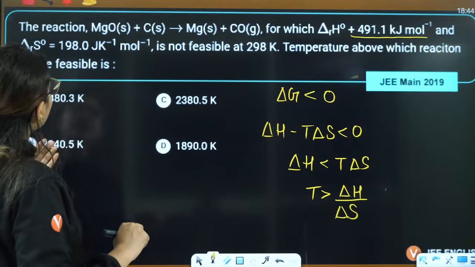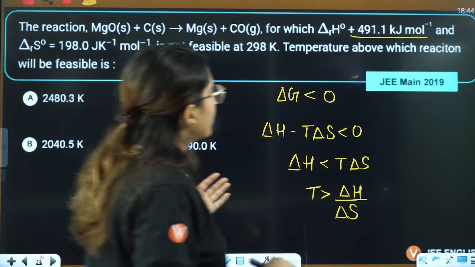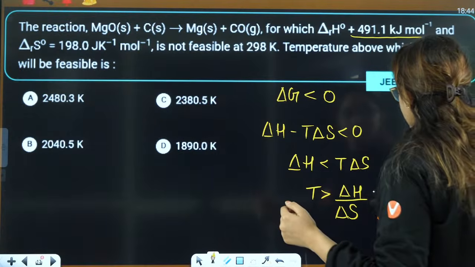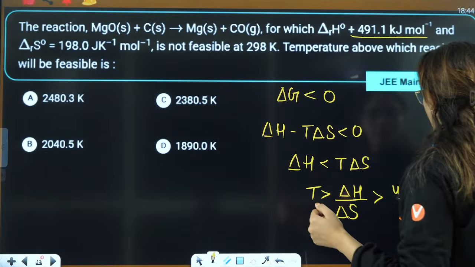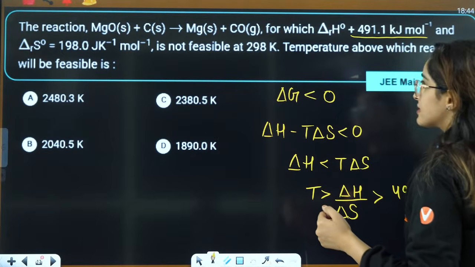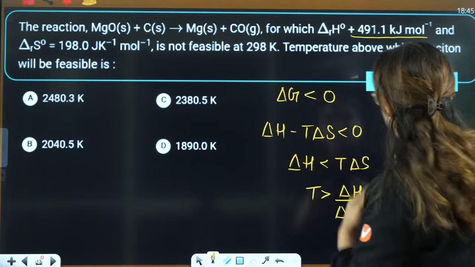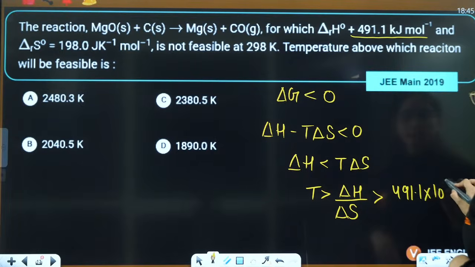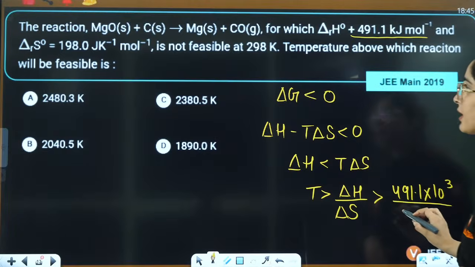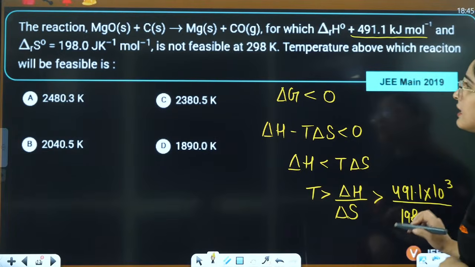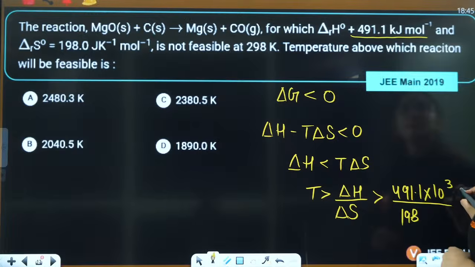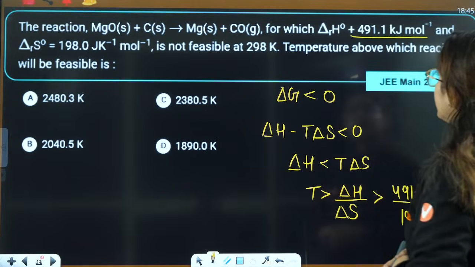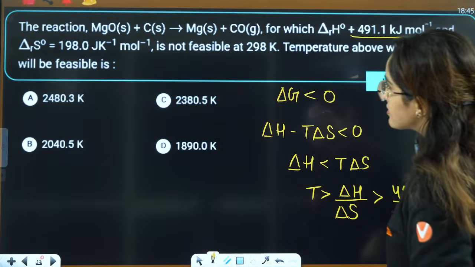Now you put the values here and you will get your answer. Delta H is what, everybody? This is delta H. That means it has to be greater than 491.1. This is kilojoule and that is joule. So kilojoule to joule means multiplied by 10 raised to power 3, divided by 198, right? And this is joule per mole, and this is joule per Kelvin. Achha, this is also per mole.